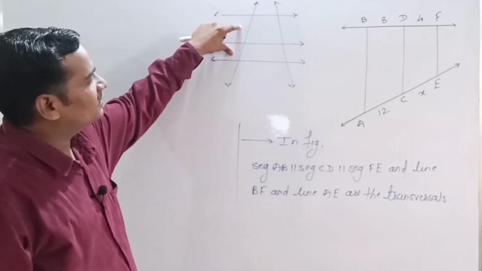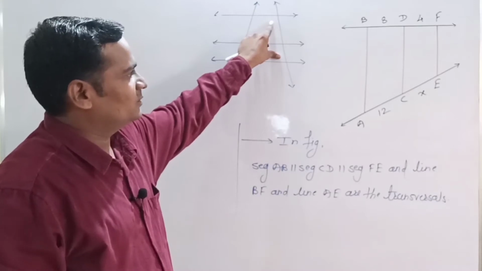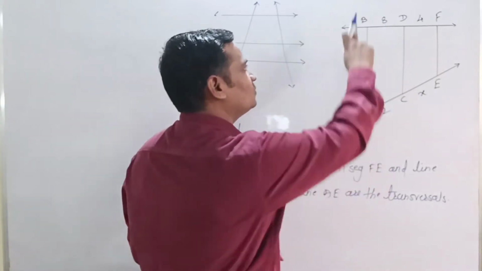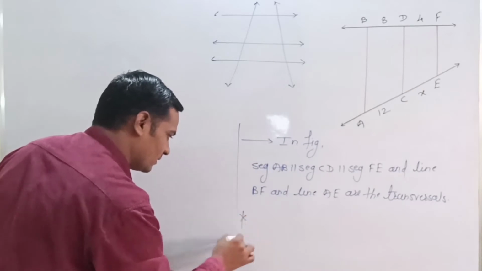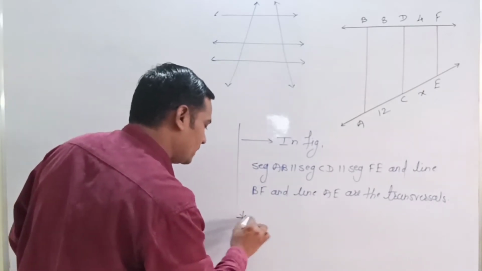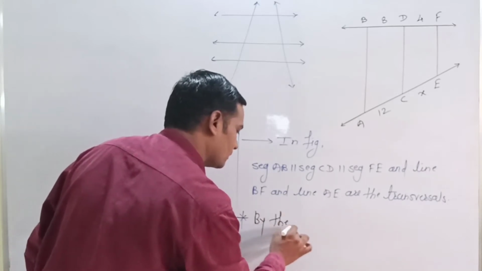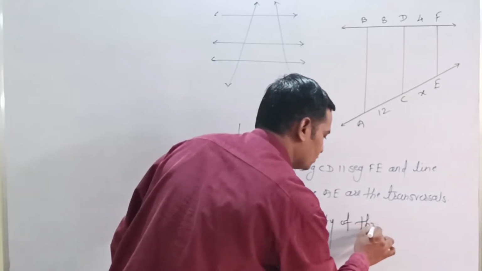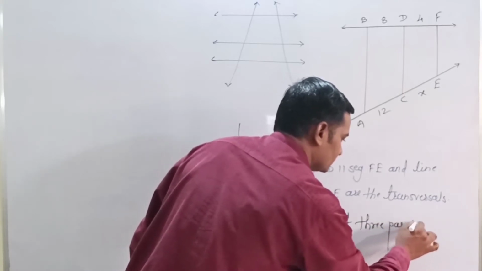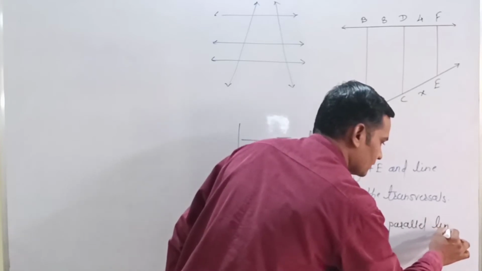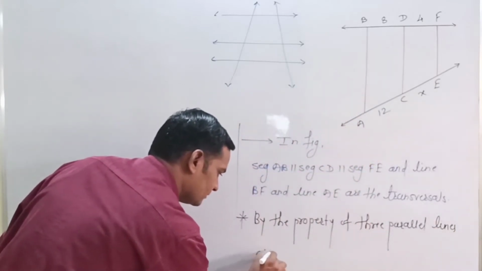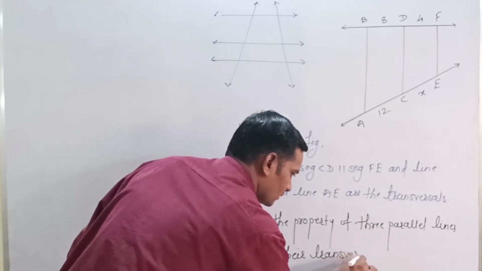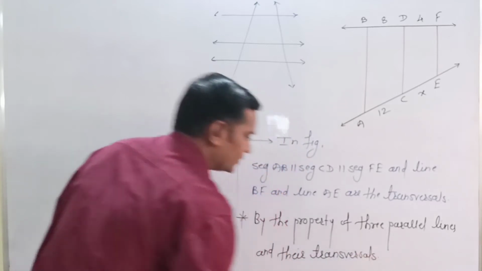So by using that property, since these three lines are parallel and these two lines are the transversals, therefore by the property of three parallel lines and their transversals, we can write here.